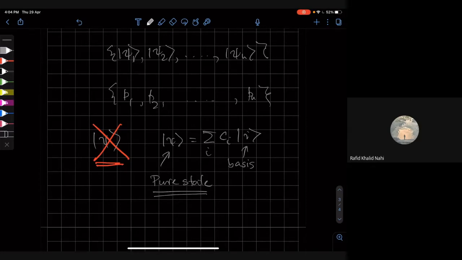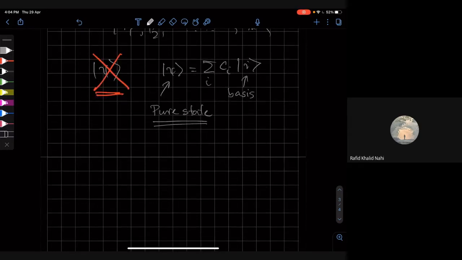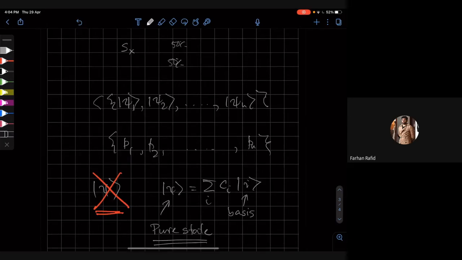I haven't told you what an impure state is because I'm going to introduce it in a minute. So the idea is that a pure state cannot describe the qubits coming out of the box. A pure state cannot describe a probabilistic mixture. Okay?